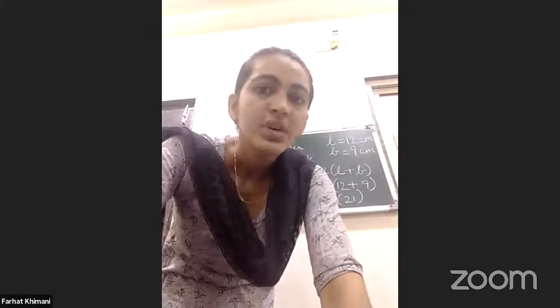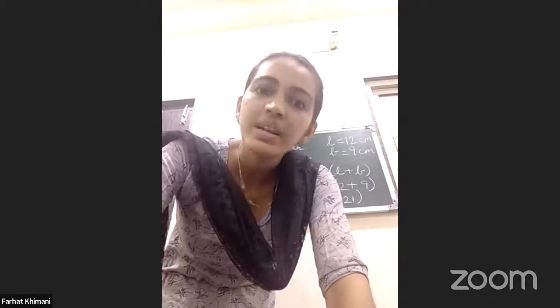But why I wrote it as length plus length plus breadth is to make everyone understand how the formula is made. See, you don't have to learn the formulas for maths. You just have to understand it. When you learn it by heart, you won't be able to recognize it or remember it for the whole of your life. But when you understand it, it will be easier for you to solve the sums and remember it all your life. Okay? Okay, ma'am.